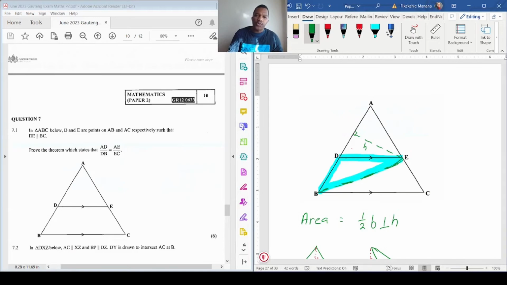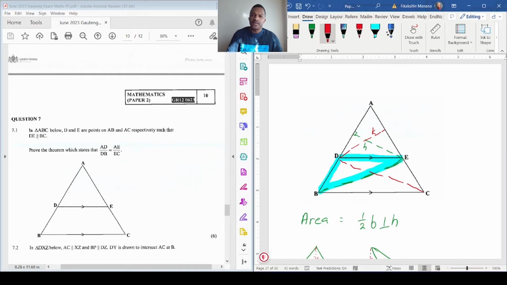Let's now go red. So we're going to construct a height. There we go, right there. We're going to name this one K. And then also going to construct this triangle here.